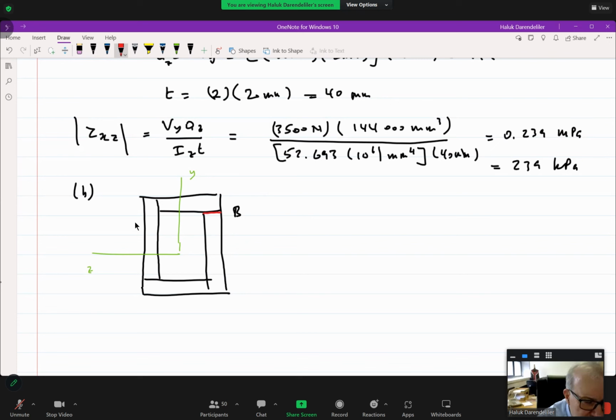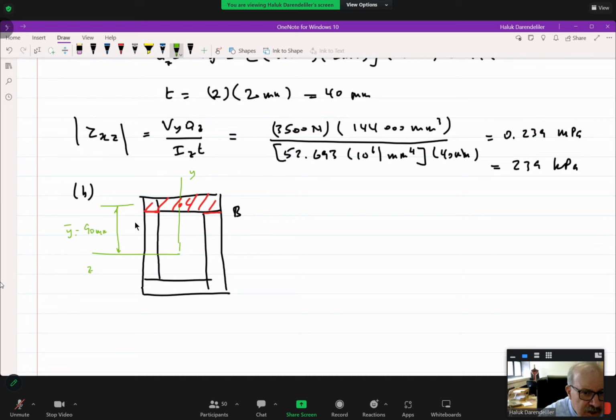What will we do? Again, because of symmetry, I am going to take this line. Is this clear? Now I can remove a portion away. Although the glue is here, it is not a problem for me, right? So now my cross-hatch area is this. Again, this is the centroid. Again, this is the Y bar. It is the same, 90 millimeters.